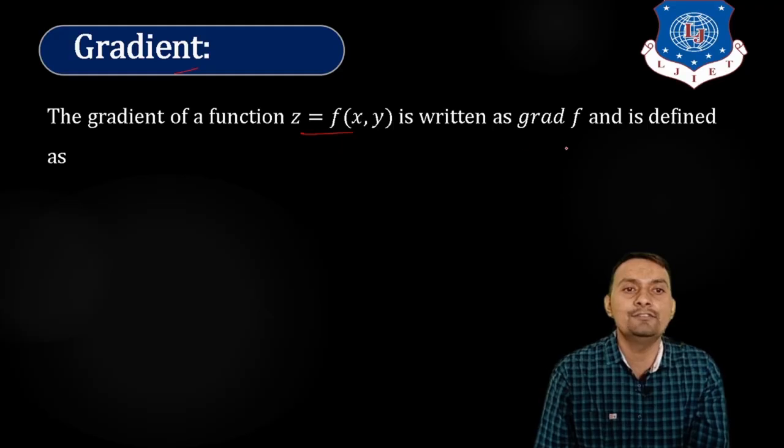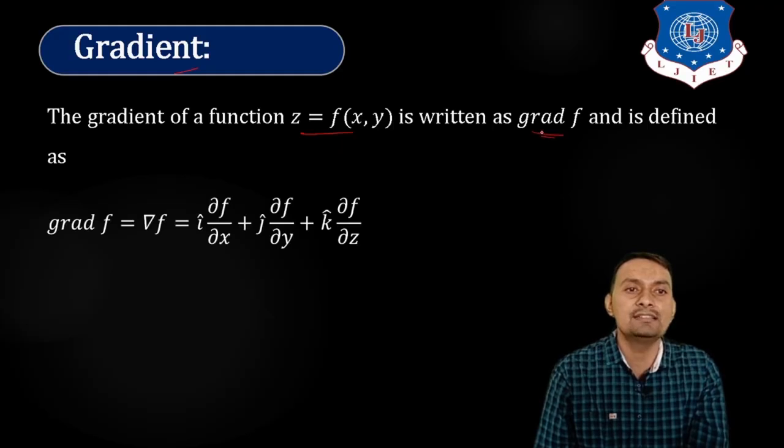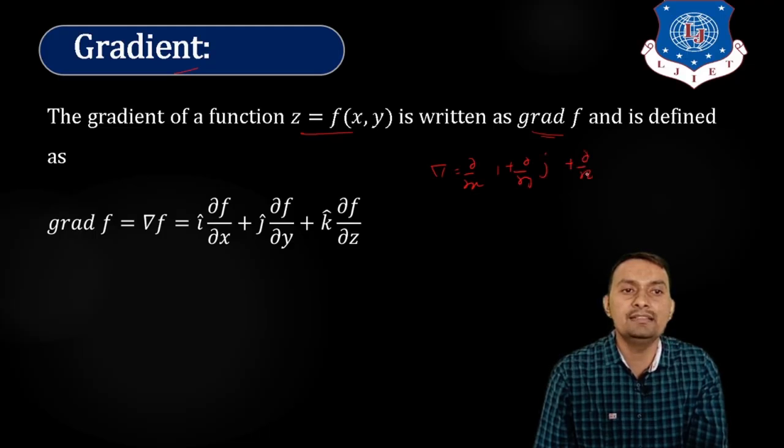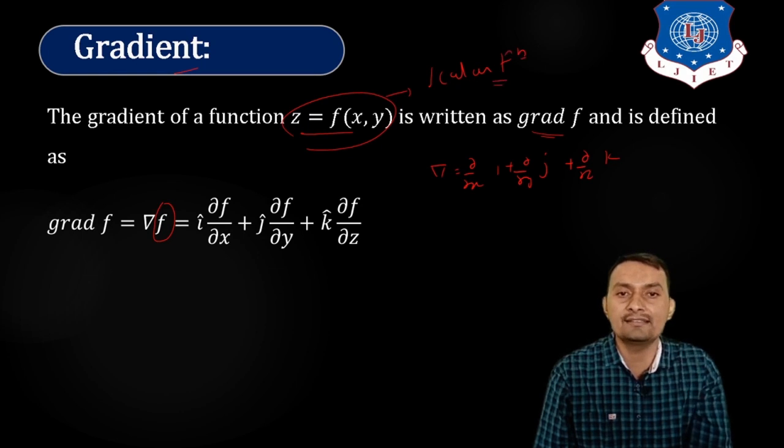Suppose that z is equal to f of x, y. We will denote it grad f, and it is defined as del f, where del is nothing but del by del x i plus del by del y j plus del by del z k. And f is nothing but a scalar function. This is a scalar function because it doesn't contain any kind of direction.